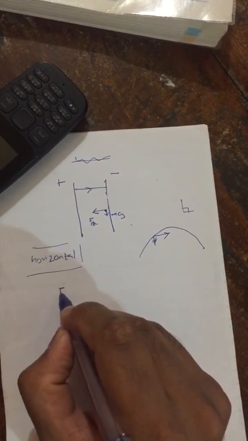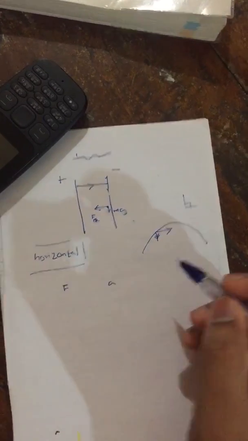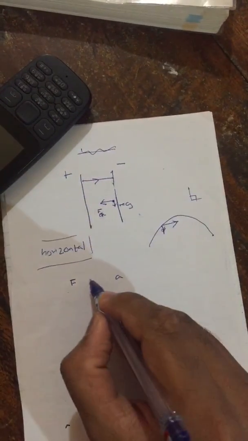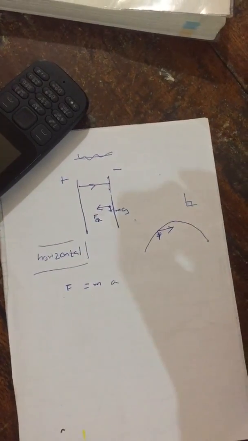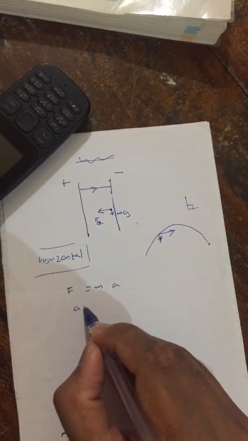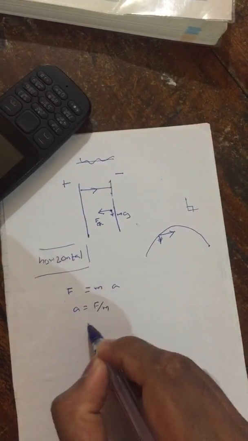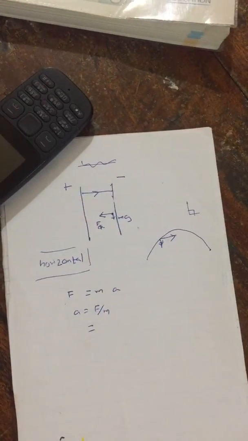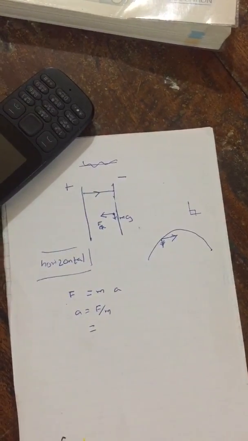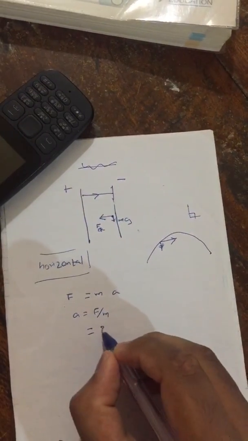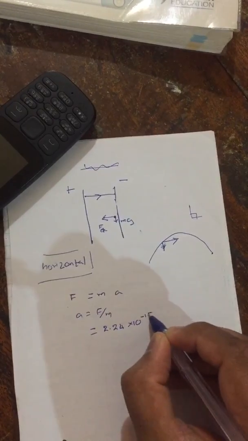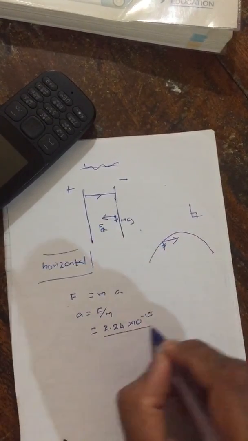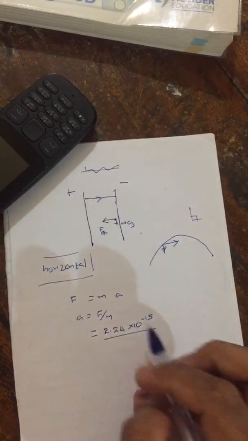A force is given and they're asking about acceleration. So obviously the equation that should come to your mind is F is equal to ma. So acceleration is equal to force over mass. The force we calculated from the earlier part is 2.24 times 10 to the power minus 15 Newton divided by the mass of an electron.